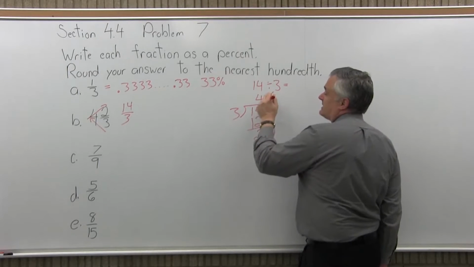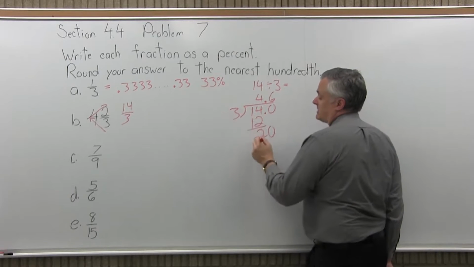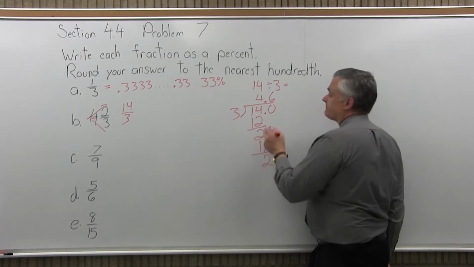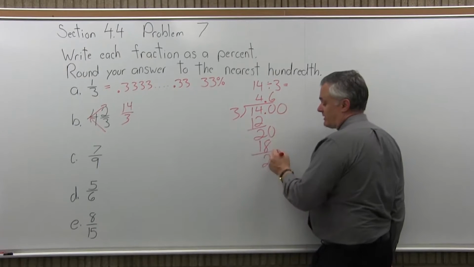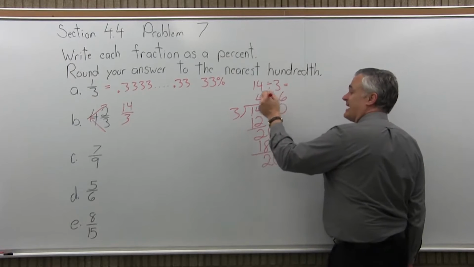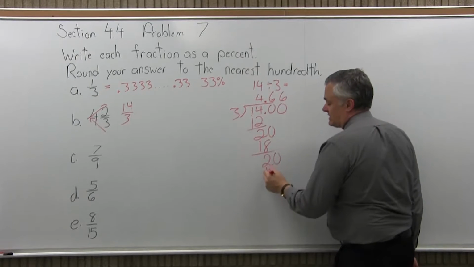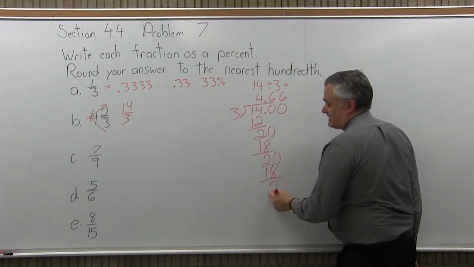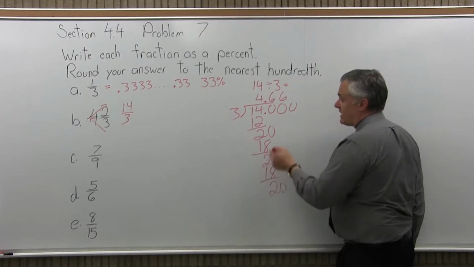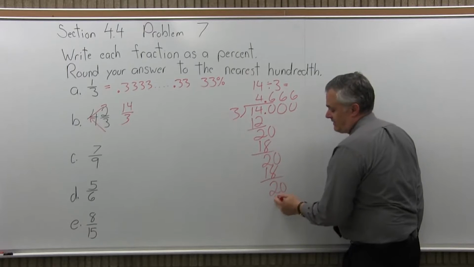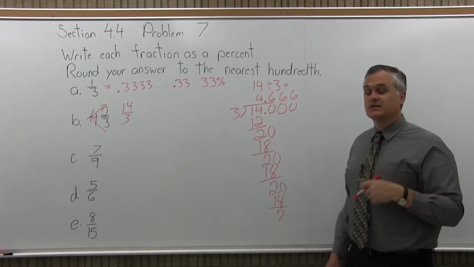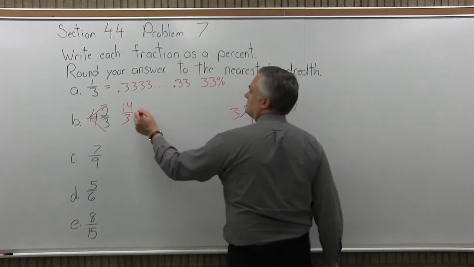Well, 3 times 6 is 18, so that gets me close. 20 minus 18 is 2. Fill in another 0, bring it down next to the 2, you get 20 again. So you're going to have a 6 again. 6 times 3 is 18. 20 minus 18 is another 2. You're going to keep getting 20 and 18. It's going to continue 4.66666 forever.